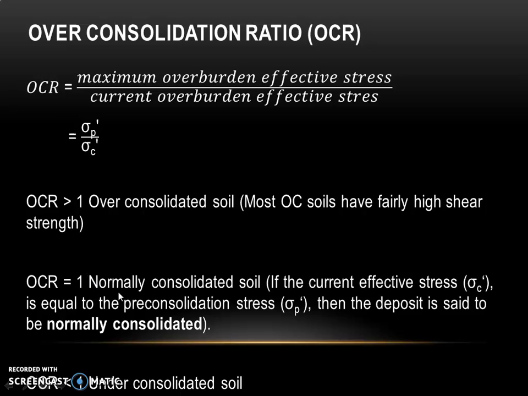And such type of soils are referred to as normally consolidated soils. And if OCR is less than 1, then the soil is referred to as under-consolidated soil. That means sigma P dash is less than sigma C dash.